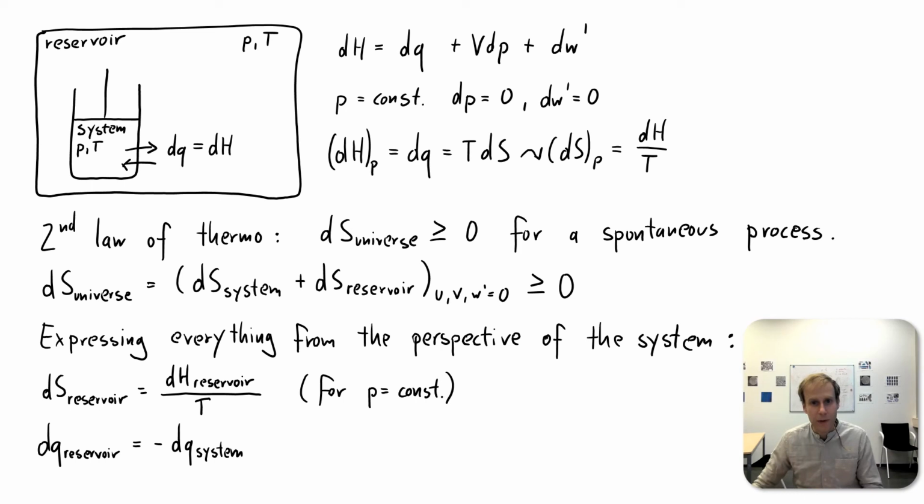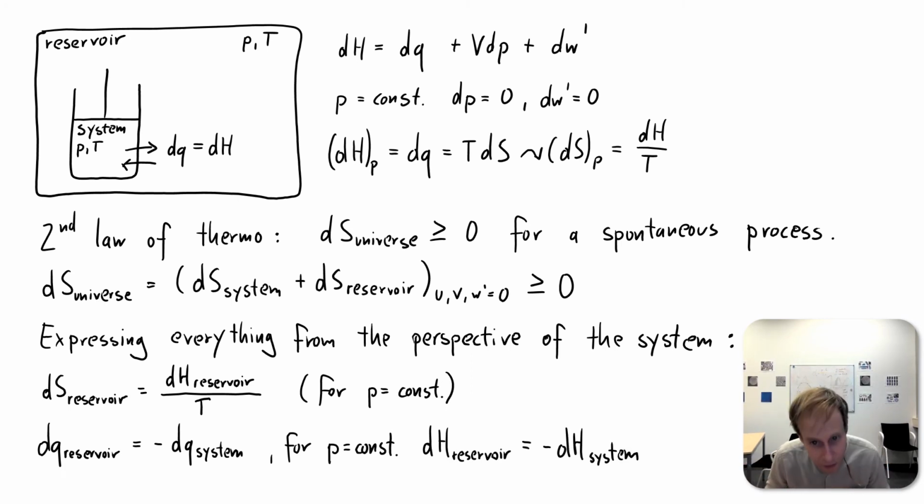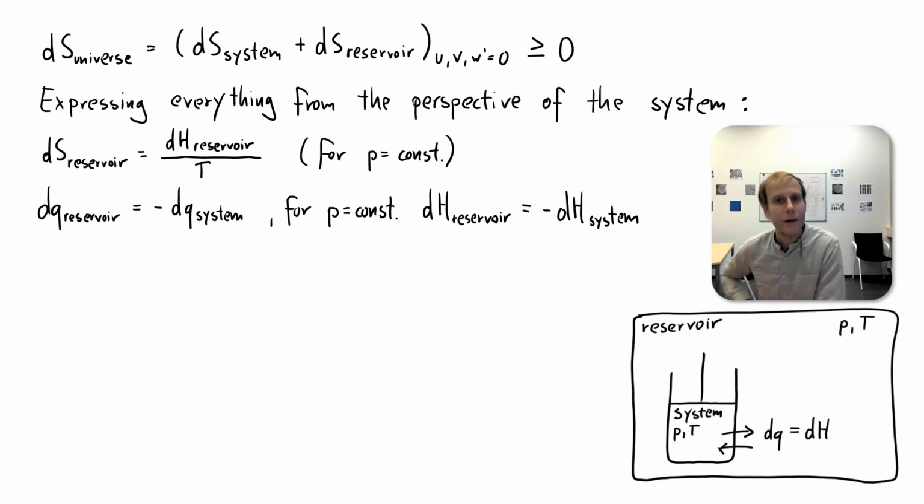And since we know that the heat corresponds to the enthalpy change, we can rewrite this at the constant pressure as that the enthalpy change of the reservoir simply is the negative enthalpy change of the system. Aha! And now you can already see we have here a way to express the entropy change of the reservoir with the enthalpy change of the system, which we do next. I rearrange everything a little.